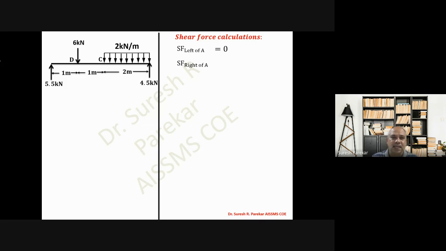So now knowing this value, we will go with SFD shear force calculation. We have this as A, we have this as B. Left of A 0, then we have right of A 5.5, left of D we have same value, right of D we have 5.5 minus 6, minus 0.5 kilonewton. Then at C we will have same value, minus 0.5.